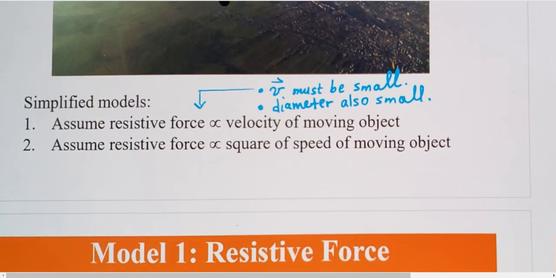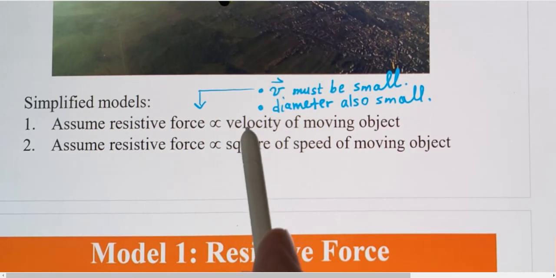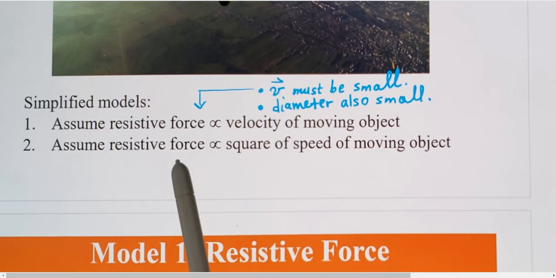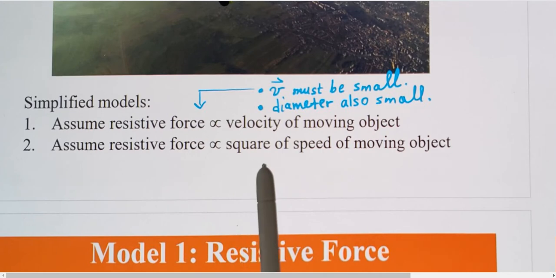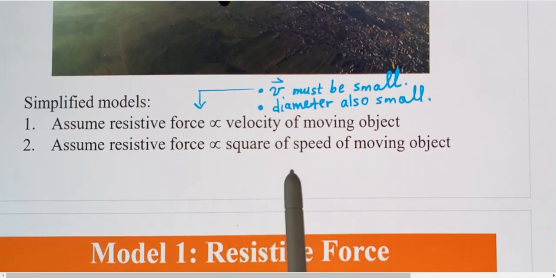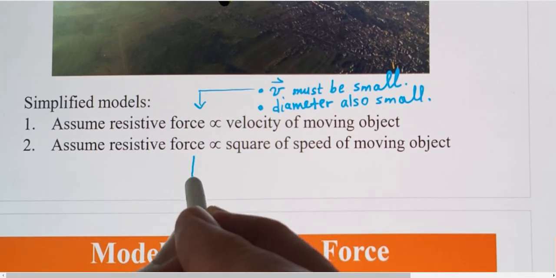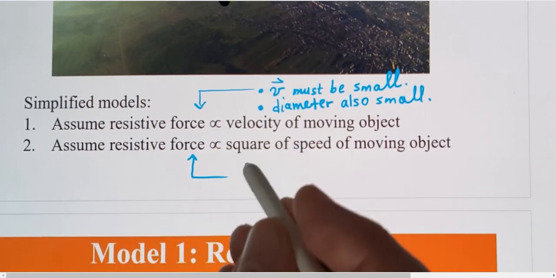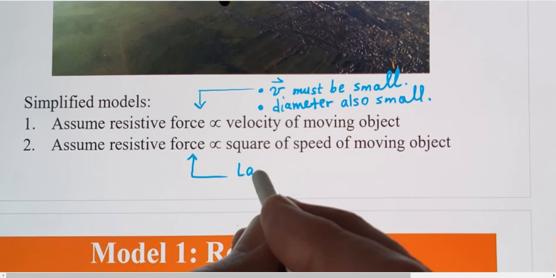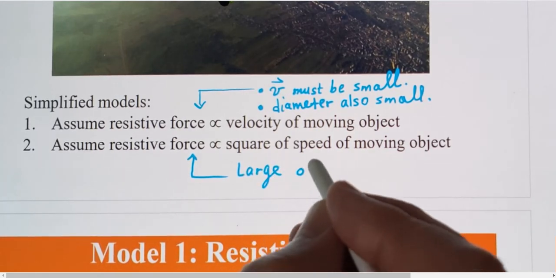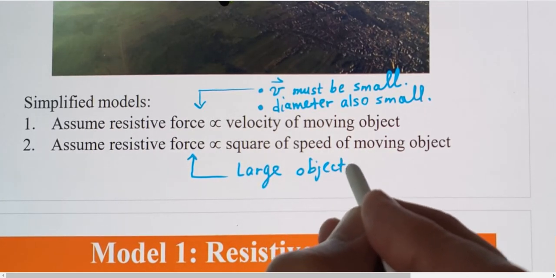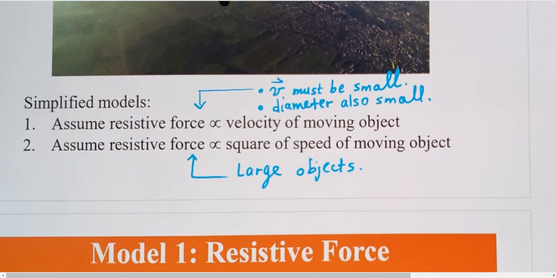It's just proportional to the velocity, and the second model, the force is proportional to the square of the speed, when we are dealing with large objects.